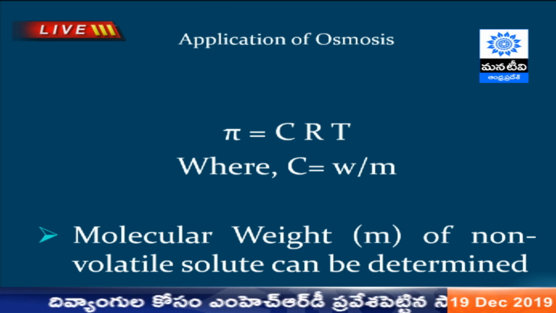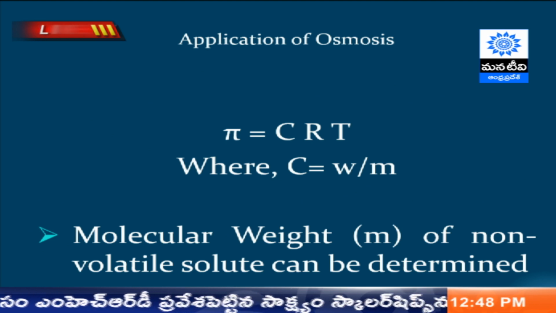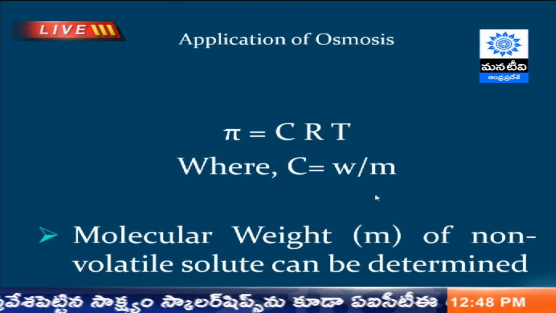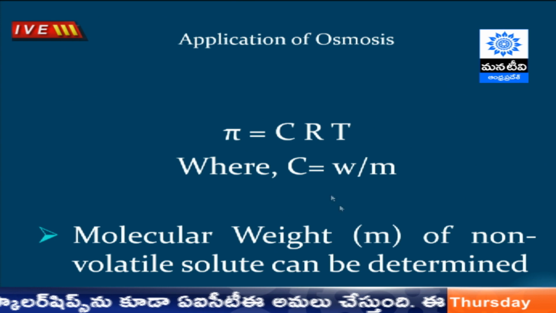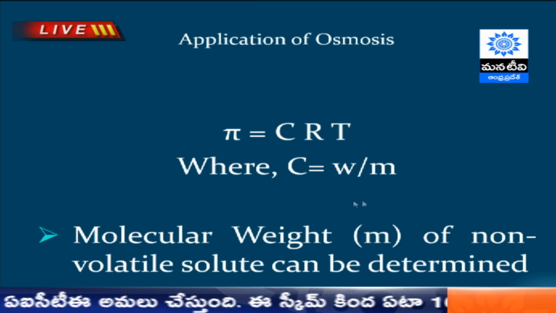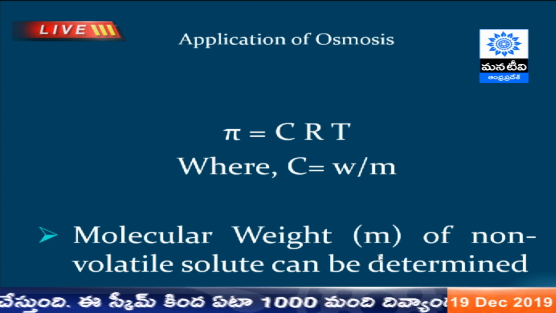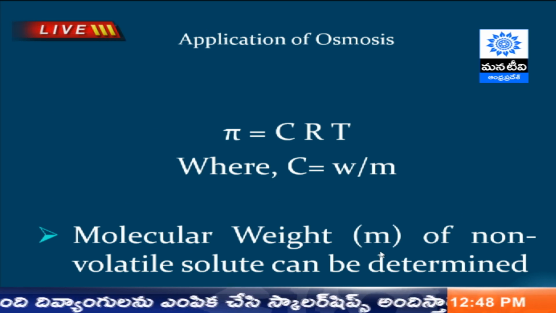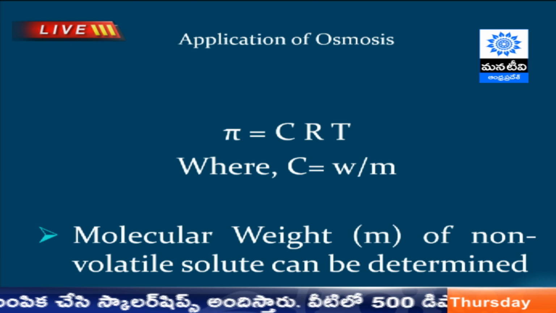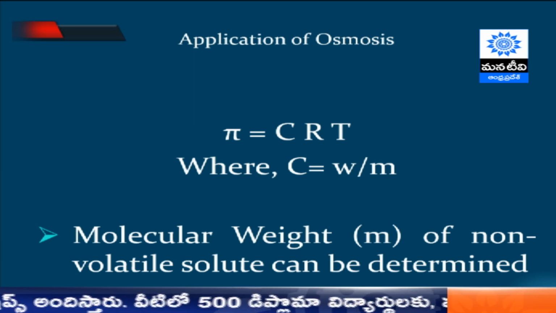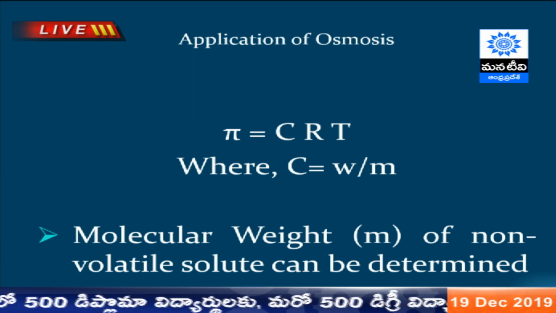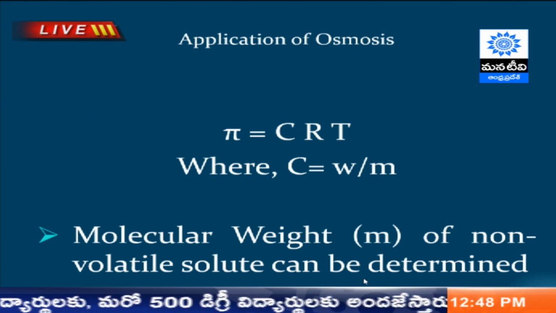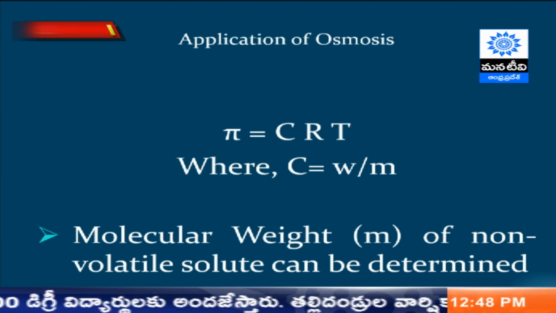You can use this formula for determining the molecular weight of the solute that is dissolved in the solvent to make it a solution. So, osmosis is an important tool in determining the molecular weight of a non-volatile solute.